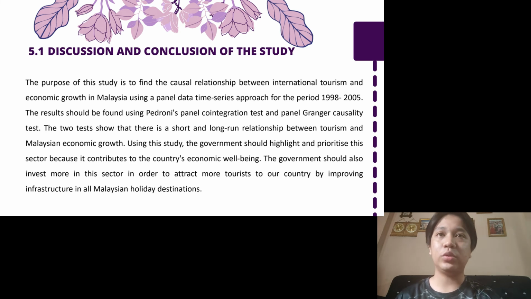By referring to these two tests, we state that there is a short and a long run relationship between tourism and Malaysian economic growth. Using the study, the government should highlight and prioritize this sector because it contributes to our country's economy, and the government should invest more in this sector in order to attract more tourists to our country by improving the infrastructure in all Malaysian holiday destinations.